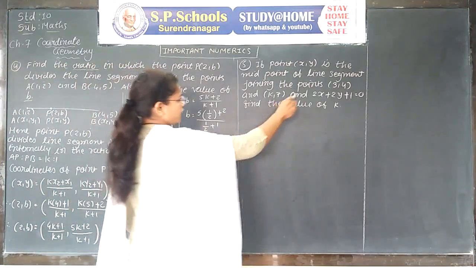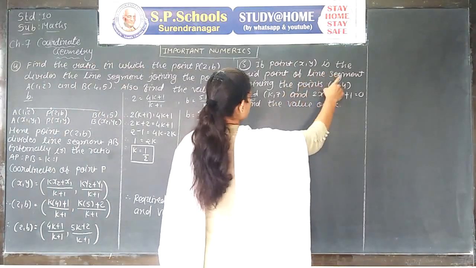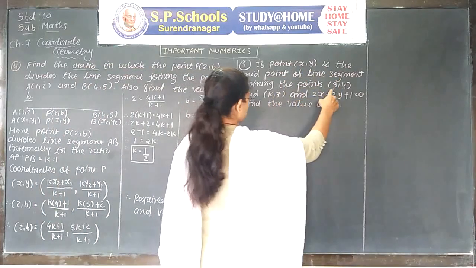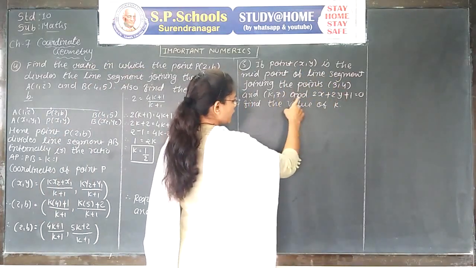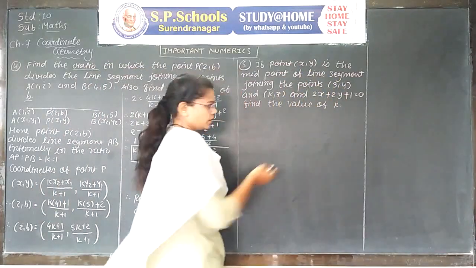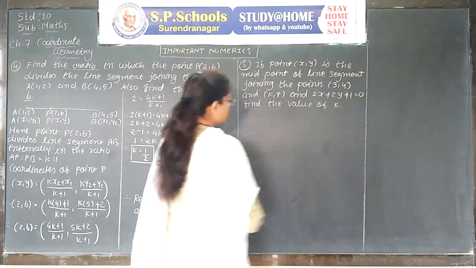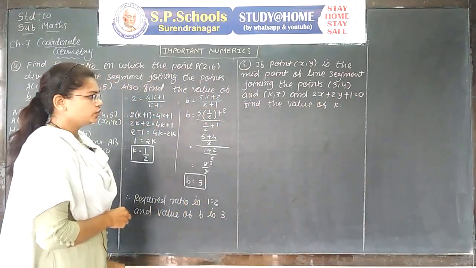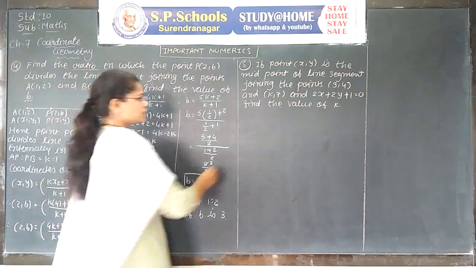If the point (x, y) is the midpoint of the line segment joining the points (3, 4) and (k, 7), and the equation 2x plus 2y plus 1 is equal to 0 is given, find the value of k, which is very easy.